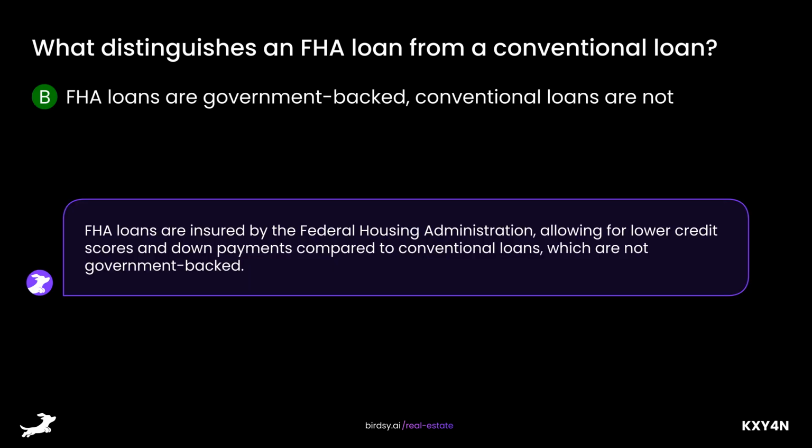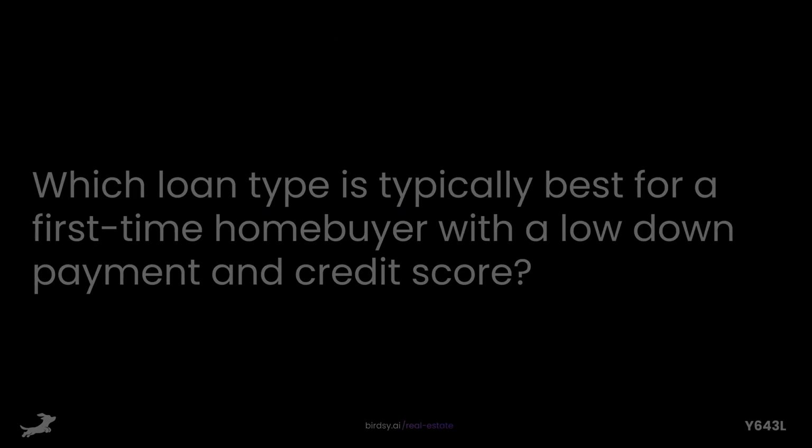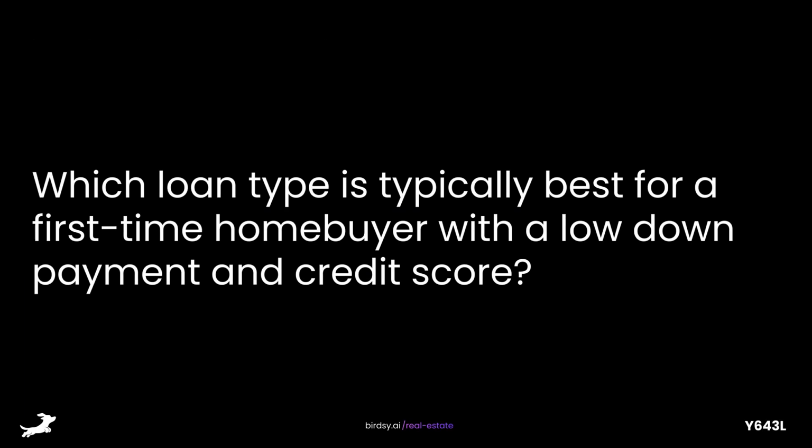FHA loans are insured by the Federal Housing Administration, allowing for lower credit scores and down payments compared to conventional loans, which are not government-backed. Which loan type is typically best for a first-time homebuyer with a low down payment and credit score?